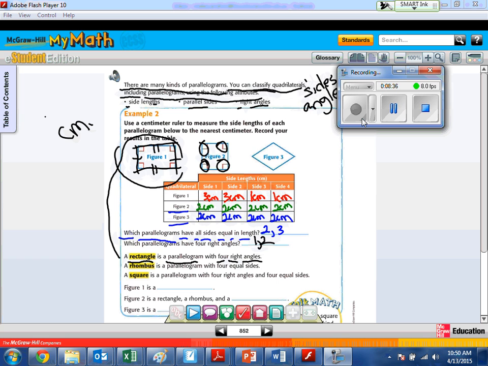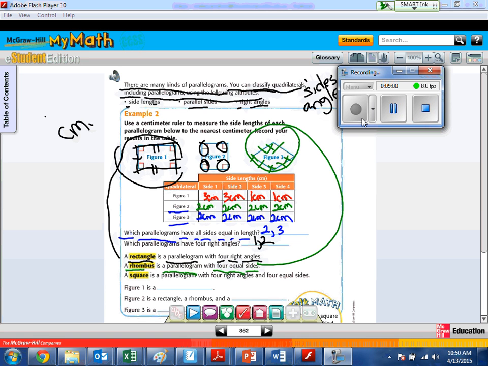The next one we need to look at is a rhombus. A rhombus is a parallelogram with 4 equal sides. Our rhombus is over here because all of these sides are equal to each other. But I want you to notice they didn't say anything about right angles. These angles inside here are not right angles at all. So a rhombus only has four equal sides.